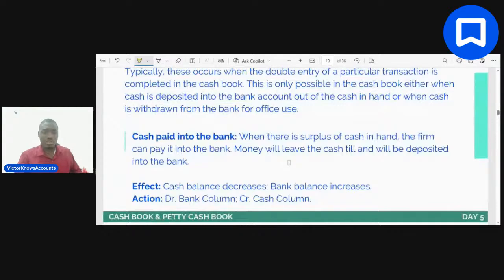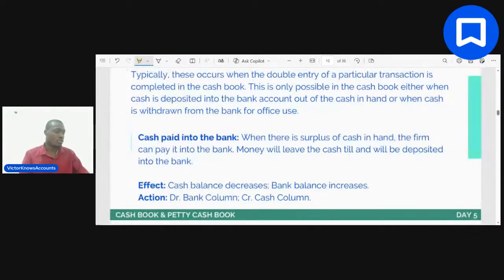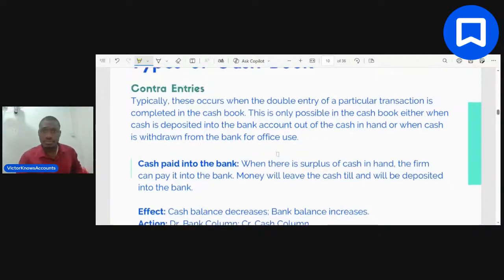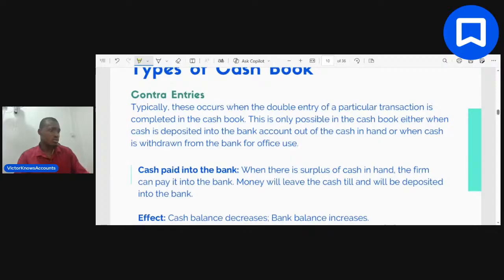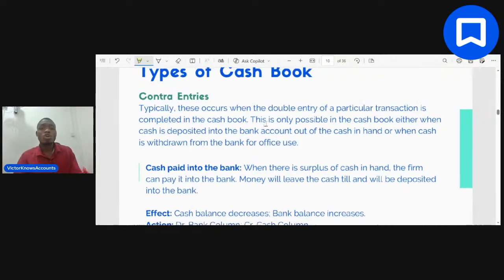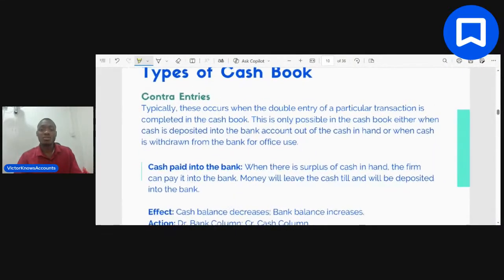Still in that same line, I'll just summarize it in a little while. I'll explain it based on what I have here. Now we say contra entries occur when the double entry of a particular transaction is completed in the cash book.